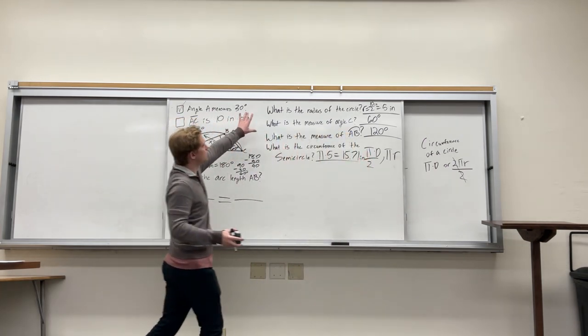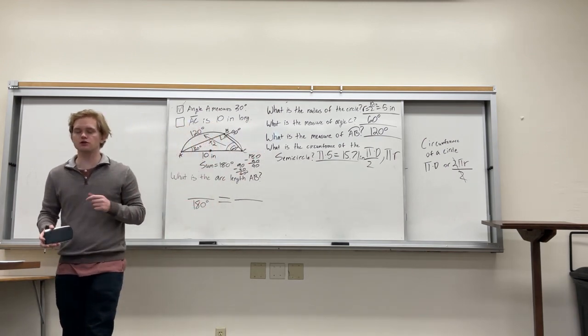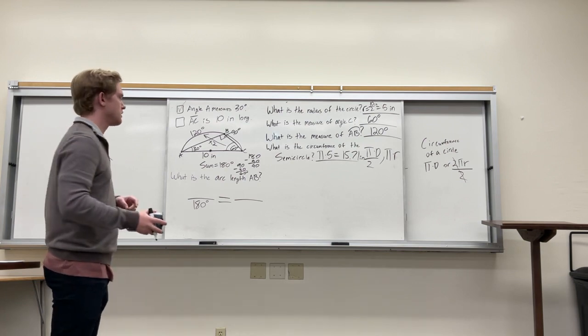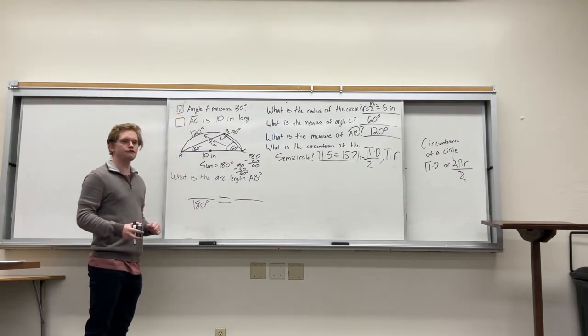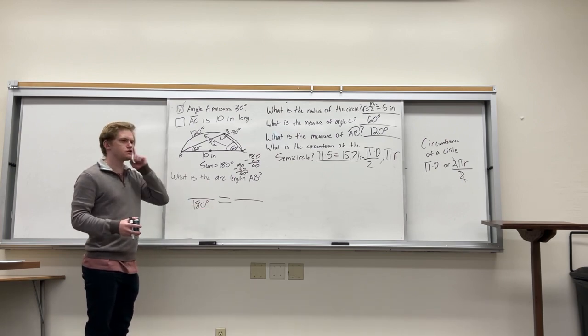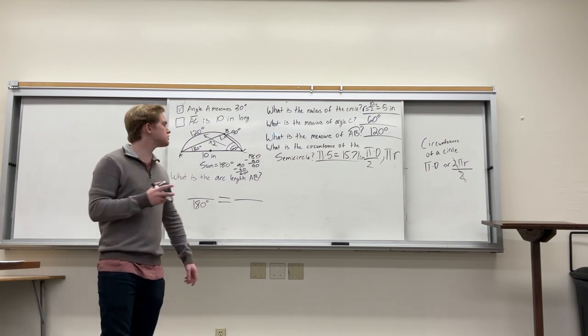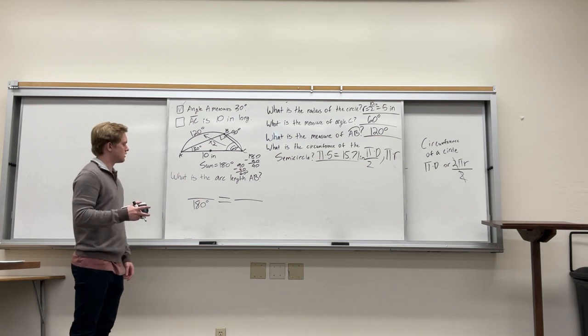Now we have all the necessary information to solve for a semicircle. Very similar to how we solve for an inscribed angle or a central angle, but the main difference is instead of using 360 degrees, we're going to use 180. Now I want you guys to think about, why do we use 180 versus 360?